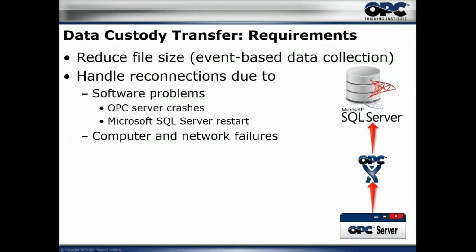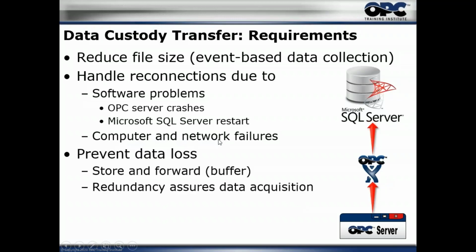And handle problems. We need this thing to handle problems. For example, what happens when there's software problems? What happens when SQL Server goes away? What happens when the OPC server goes away? How do we recover? How to recover from computer and network failures? A computer might fail, network connection might fail. How do we prevent data loss?